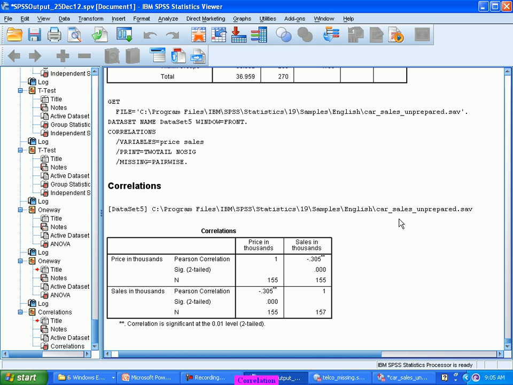On the other side, if it is more closer to +1, I say it's a very strong positive relationship. Otherwise, I'll say there is a relationship, but it is weak. A weak negative relationship, minus 0.3.